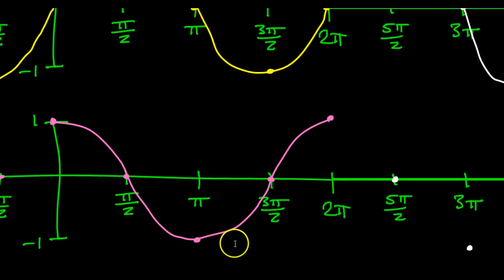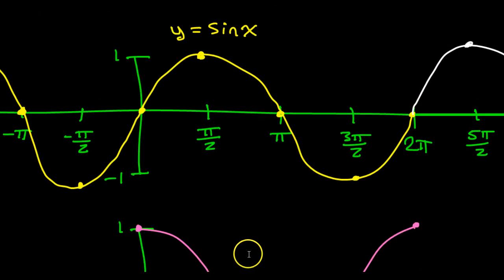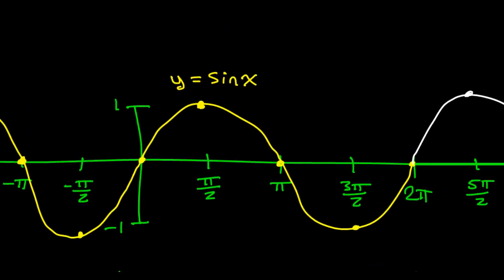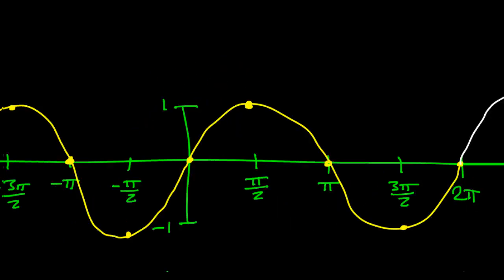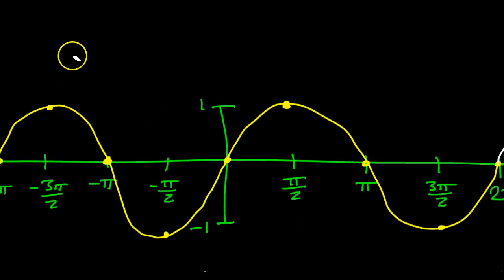But understand this. When you're looking at a periodic function, it doesn't really matter whether this is sine or cosine right now. If you pick any point on the graph, like take this point right here, for example, and you add or subtract the period, well, the period is the length that it takes before the graph starts to repeat.